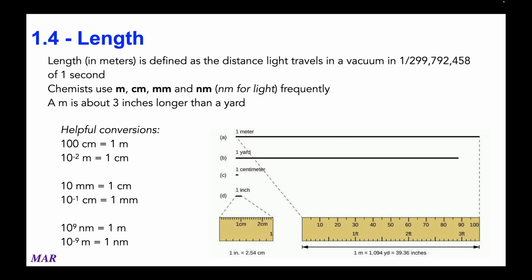So if you wanted to convert 10 to the minus 2 meters equals 1 centimeter and put the number on the other side, you would divide both sides by 10 to the minus 2. And in a nutshell, what that means is you end up with 100 centimeters, 10 to the positive 2 if you're into that. 100 centimeters equals 1 meter, and those are really important conversions to know. Same thing down there for the millimeters. 10 millimeters equals a centimeter, or 1,000 millimeters equals 1 meter.